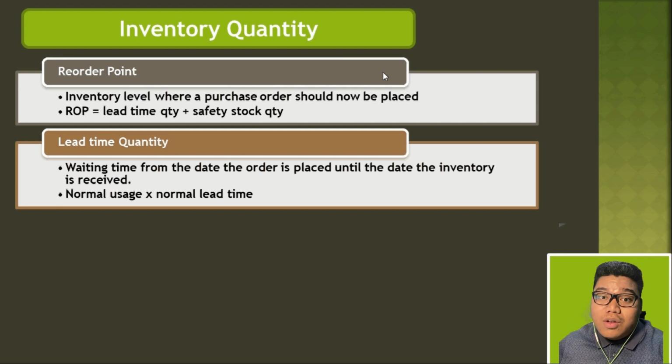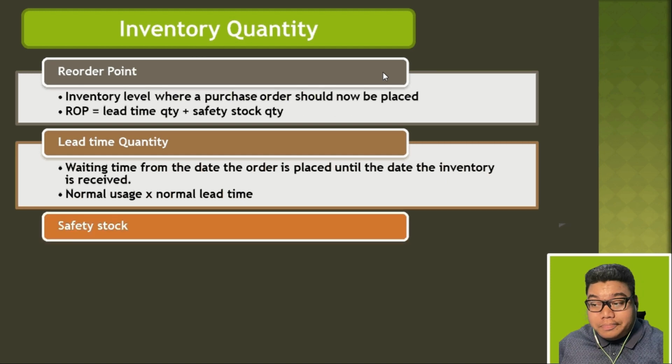So of course, when we order today, it will not arrive until X number of days. That number of days would be your lead time. So your average daily requirement multiplied by lead time would be your lead time quantity.